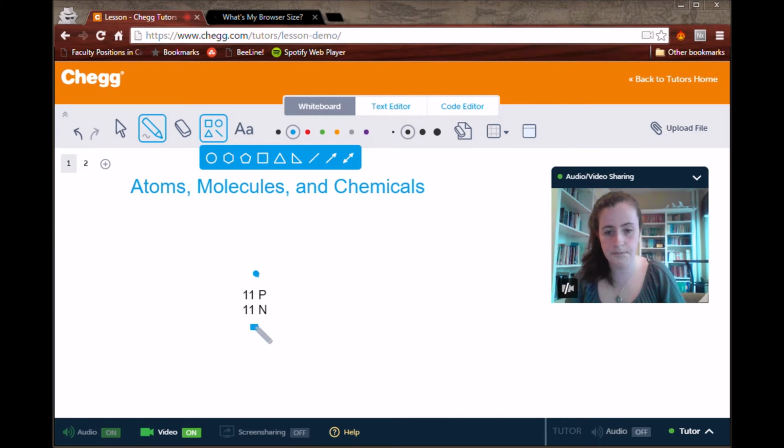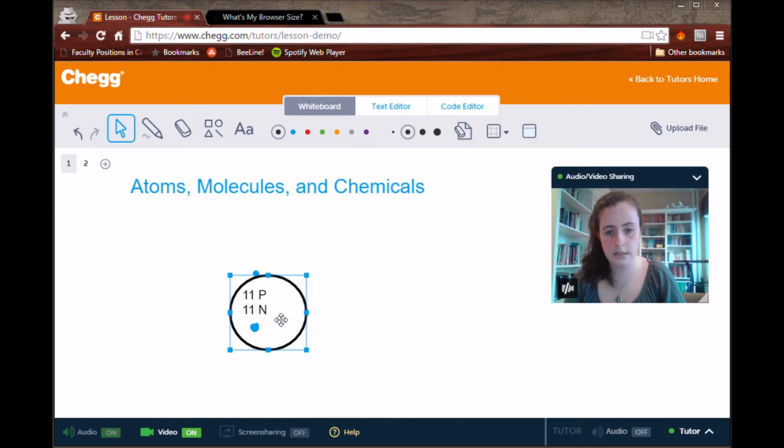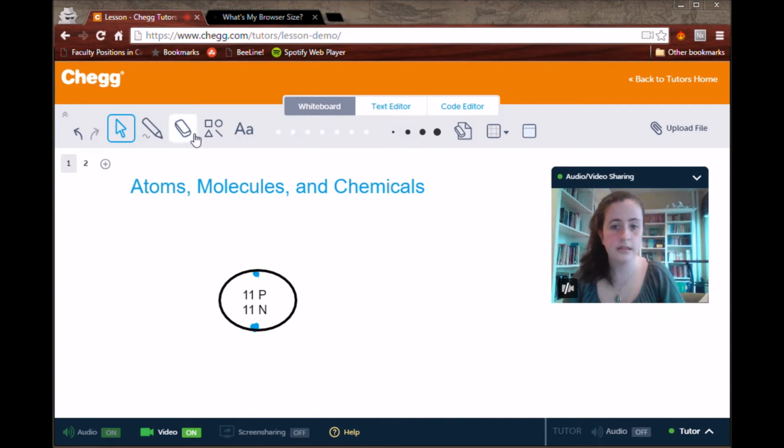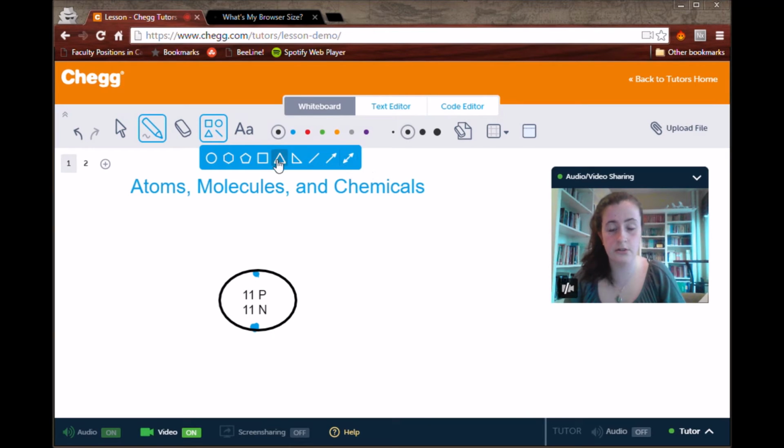So that's 2. And just so that we can keep track of the shells, I'm going to draw a circle like this. So that's the first shell, right? And it's got the 2 electrons right there. The next shell can hold 8.